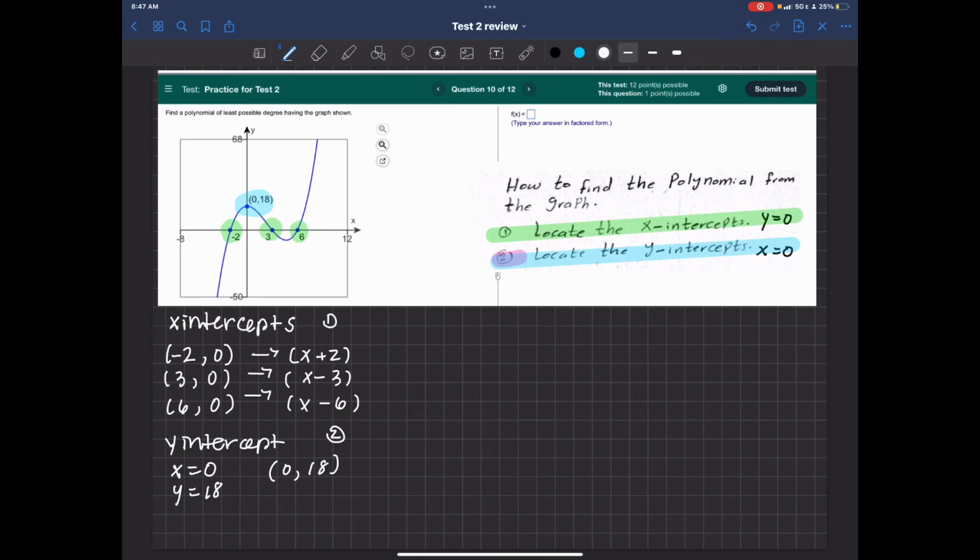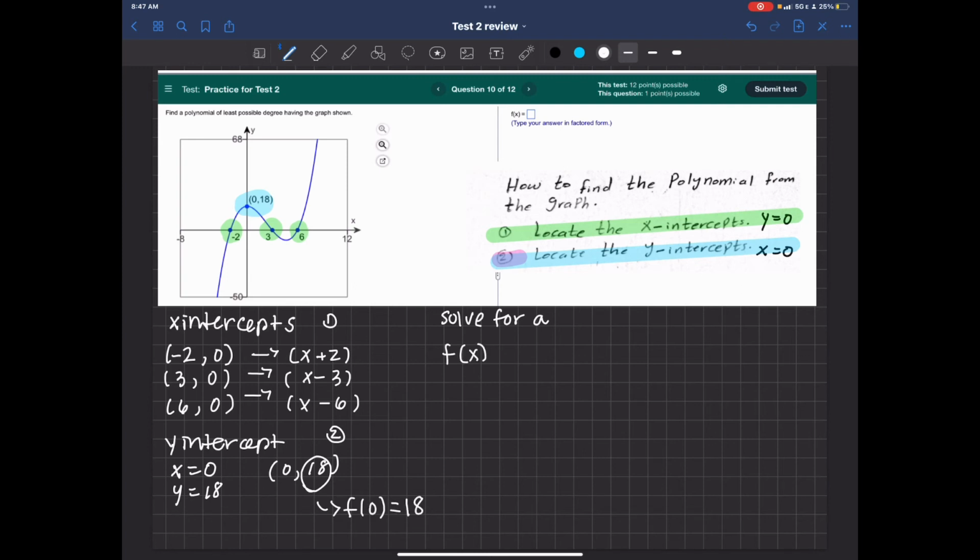Okay, so if we want to break this down even further, we're now going to solve for a. On the left-hand side, we're going to use this value right here, the 18. And that's basically saying f of 0 equals 18.